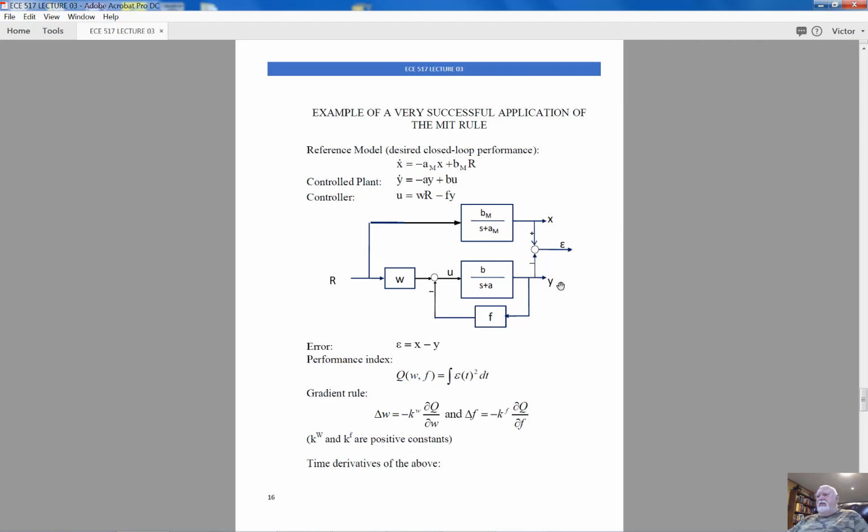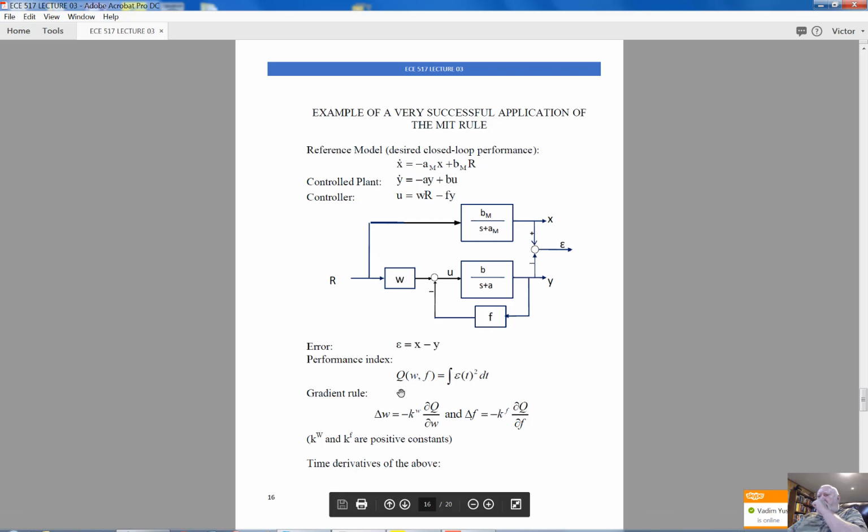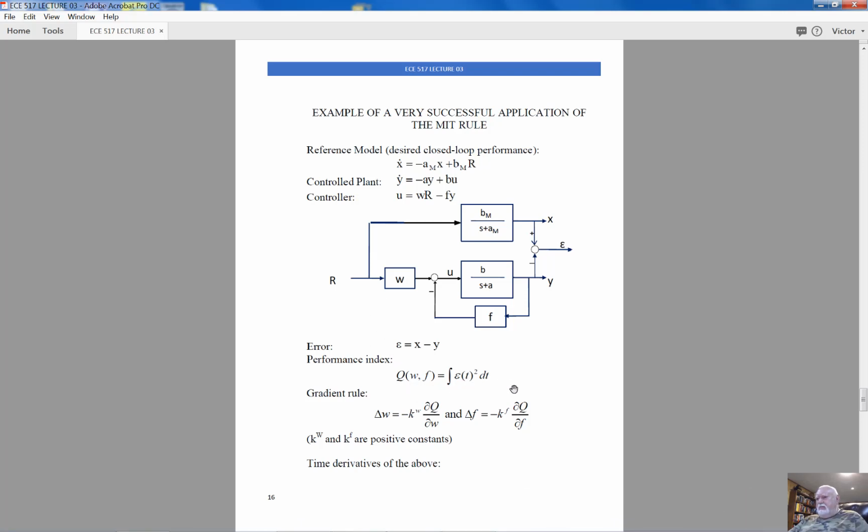Very straightforward configuration of the system, except it's a simple system, much simpler than we would consider in our control classes. This is the error defined. This is the criterion defined. It's error squared. This is the gradient rule applied. Look, criterion depends on two adjustable parameters: the gain in the reference channel and the gain in the feedback channel.